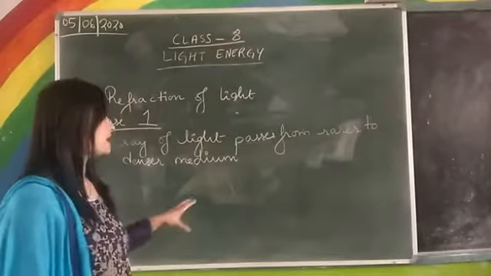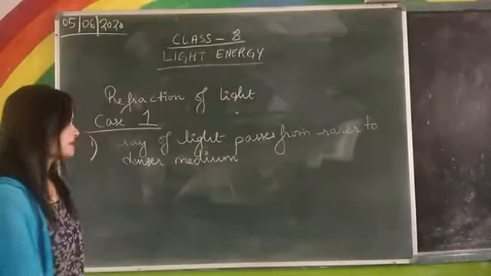What happens when a ray of light passes from a rarer to denser medium?